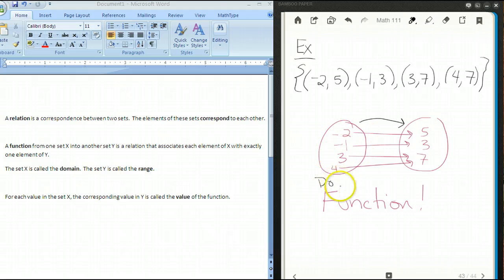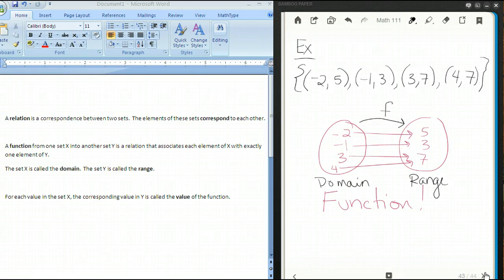Remember, this could have been called a domain, okay? And this could have been called a range, okay? I could have said that f is the function relating this domain to this range, right? So I could have labeled this function as f.